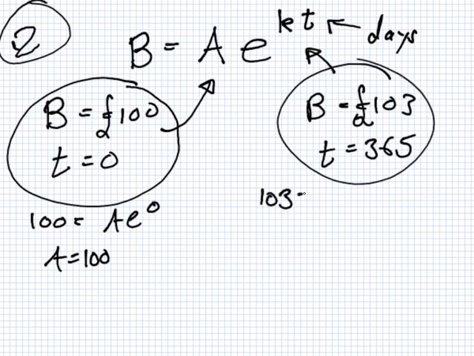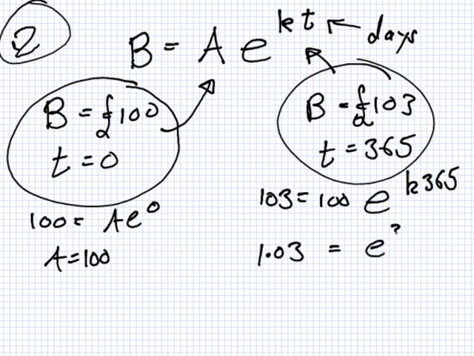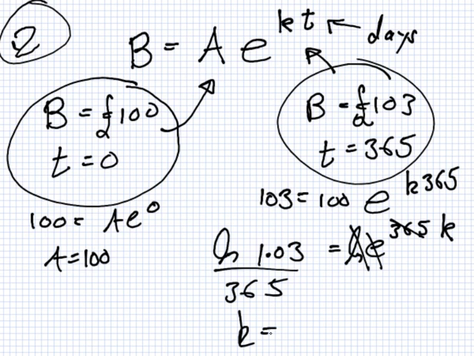Next. Using this, 103 equals 100 E^(K·365). So I get 1.03 equals E^(365K). Putting a log on both sides, they cancel, and dividing by 365, K equals 0.000081, 8.1 times 10 to the power -5.